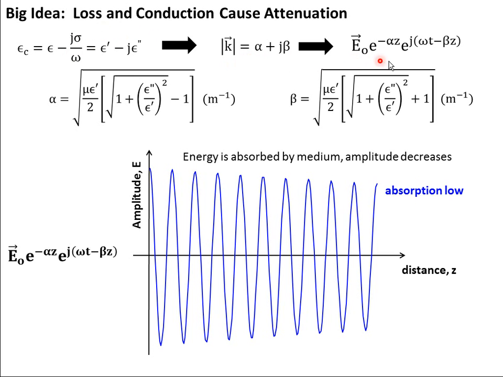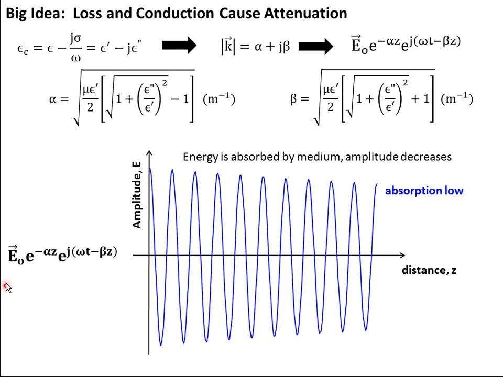So we can rewrite the electric field of the plane wave as having a vectorial amplitude times a term that's attenuation, where the amplitude decreases the further it travels, and the usual phase term, where in this case we've replaced k previously with beta. It turns out that the alpha and beta terms can be calculated from the real and imaginary parts of the complex conductivity. The expressions are complicated, but a computer or calculator lets you do this fairly straightforwardly.